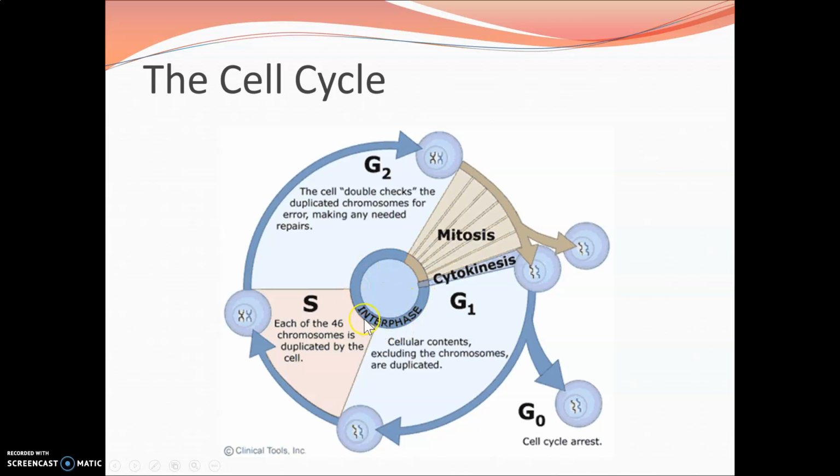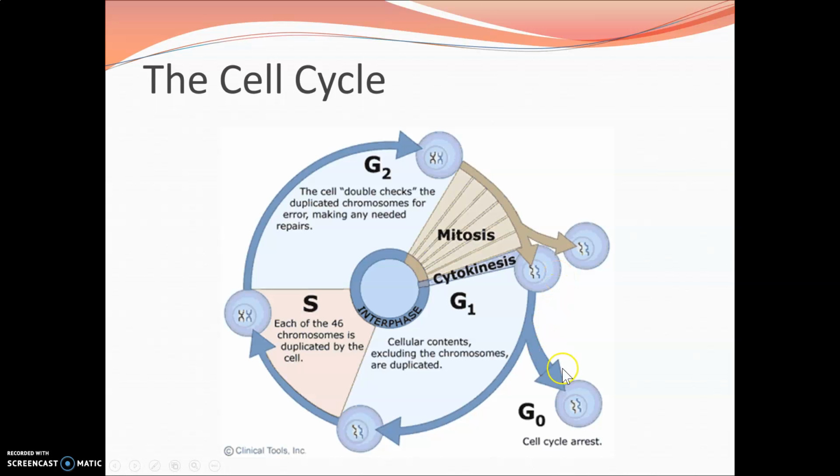Interphase is where a cell is hanging out most of the time. Then it takes a decent chunk to do mitosis, and cytokinesis is sometimes said to be a part of mitosis. They happen at the same time, but it's just a little blip on the radar, a tiny, quick process that officially divides us into two new cells.